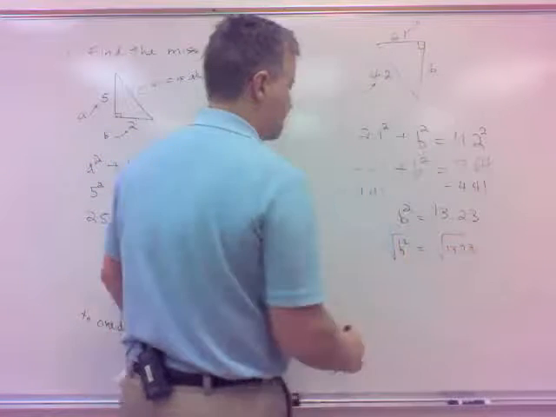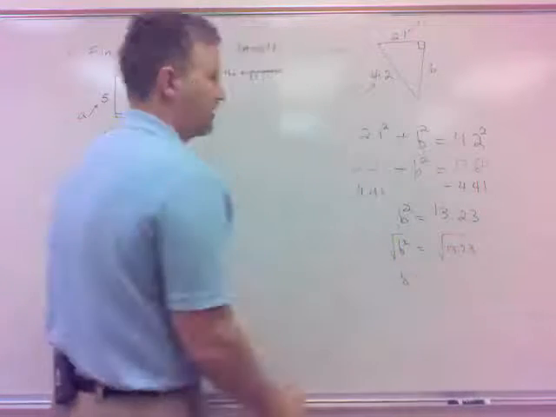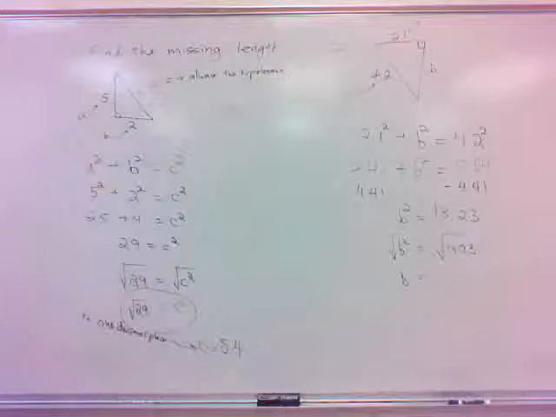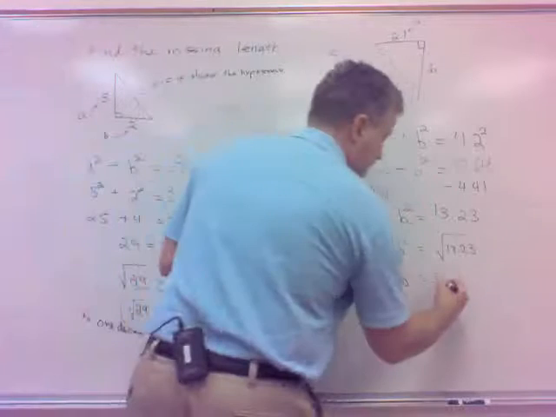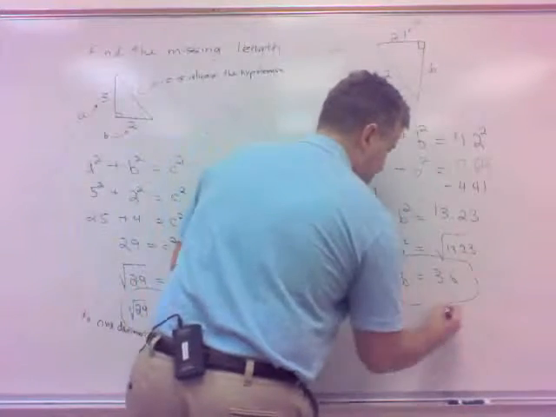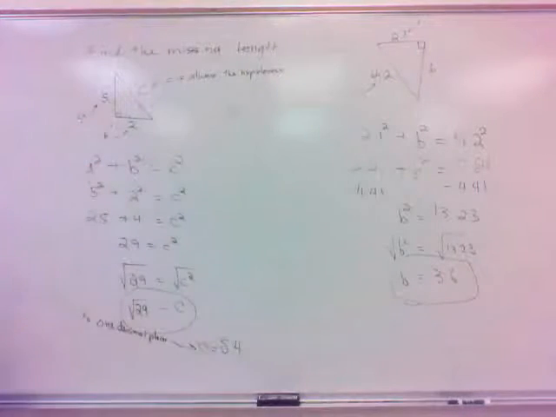Don't have to worry about the minus there, so B equals the square root of 13.23, and that certainly would be one where you'd want 1 decimal place, which would be 3.6, or however many places they ask. With me on that? So far, so good?